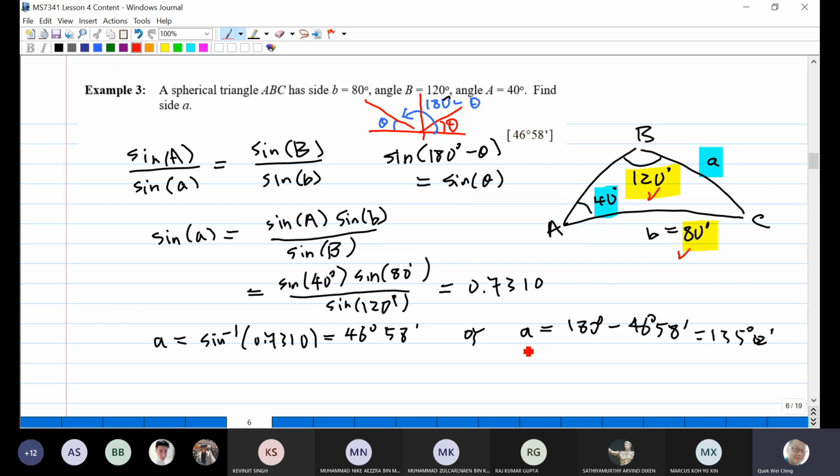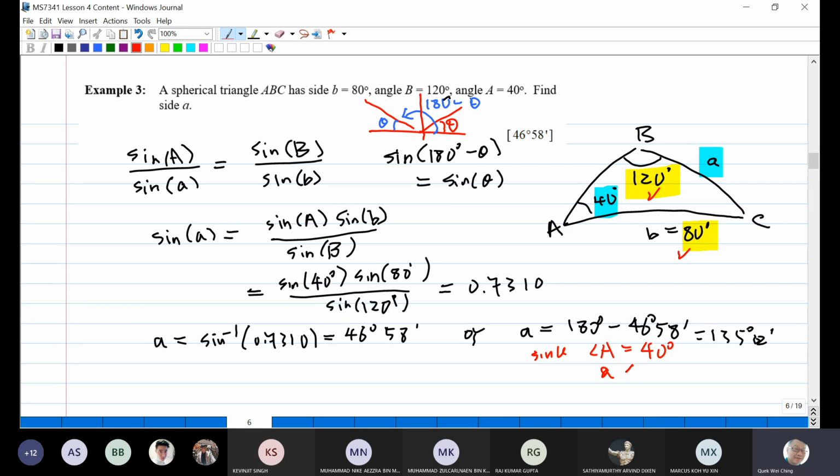Angle A is 40 degrees, so side A cannot be more than 80 degrees, because angle B is 120 but side B is 80.